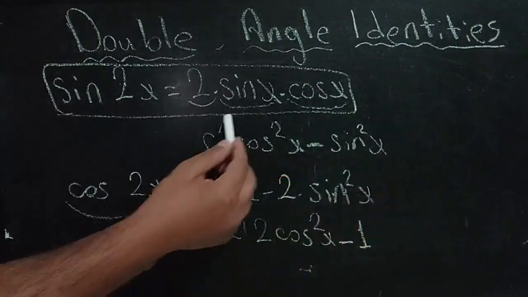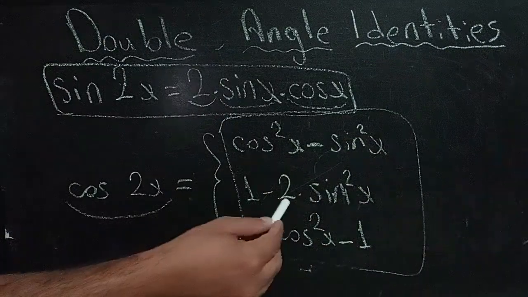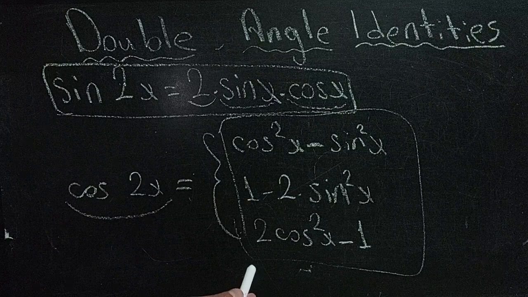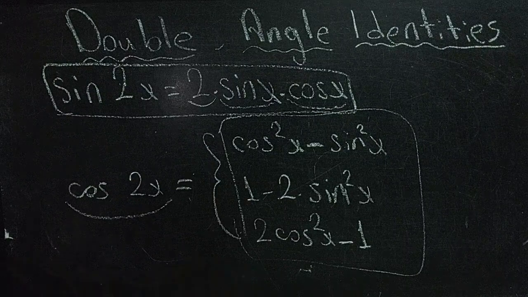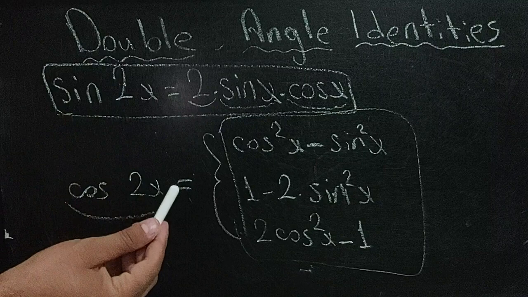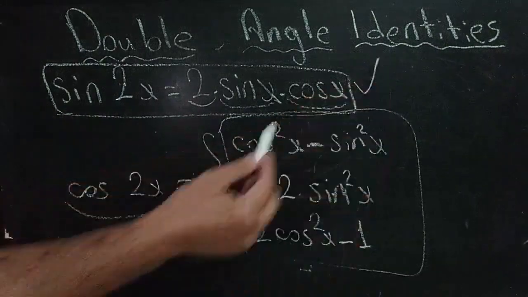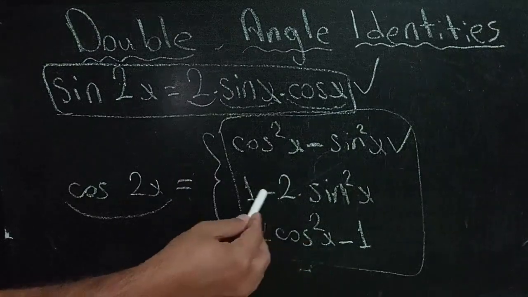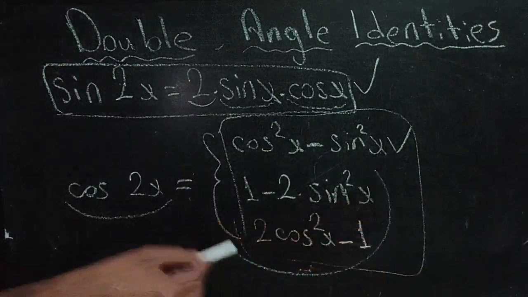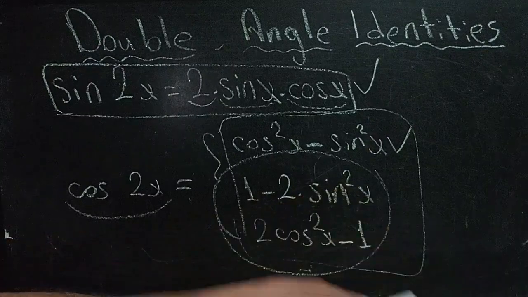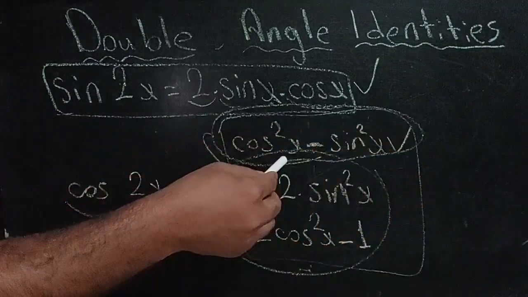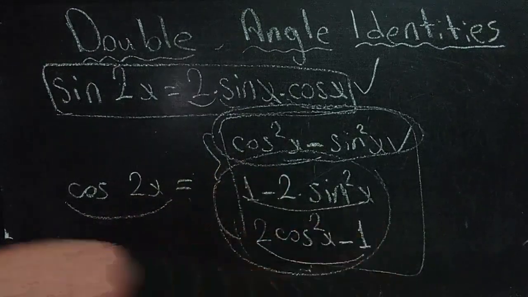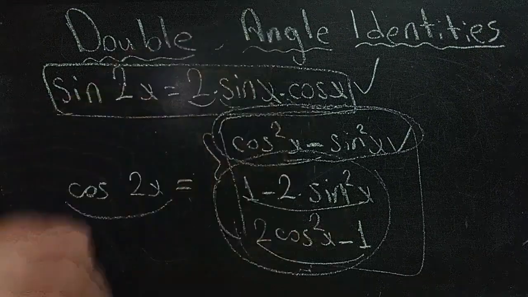The other one, 1 minus 2 times sinus x square. And the other one, 2 cosinus x square minus 1. Now I'm going to prove this one, and from there I will prove this one. And if you want, you are going to be able to, of course, prove those two of them by yourself. But when I explain the first one, it is going to be easy for you to prove this and this. Alright, now let's pass to the proof.